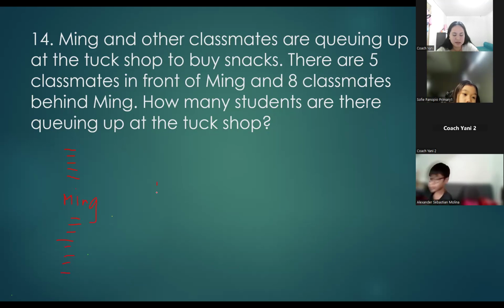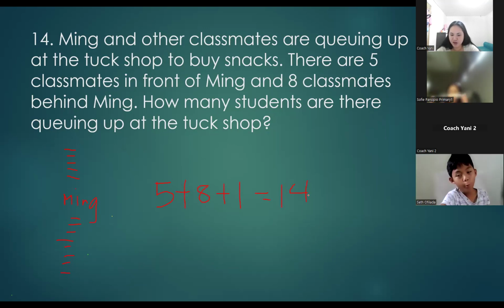So you would just need to add 5 plus 8 plus 1. Why did we add 1? Because of Ming. You need to include Ming. So you have 14. Very good. Are all correct in this number? Okay, these are just easy, right?